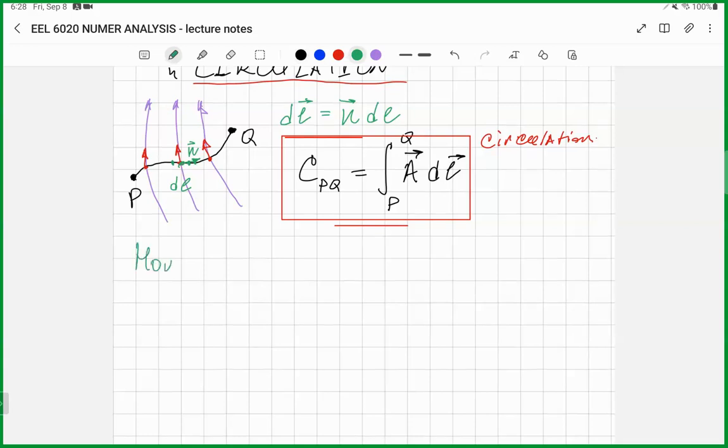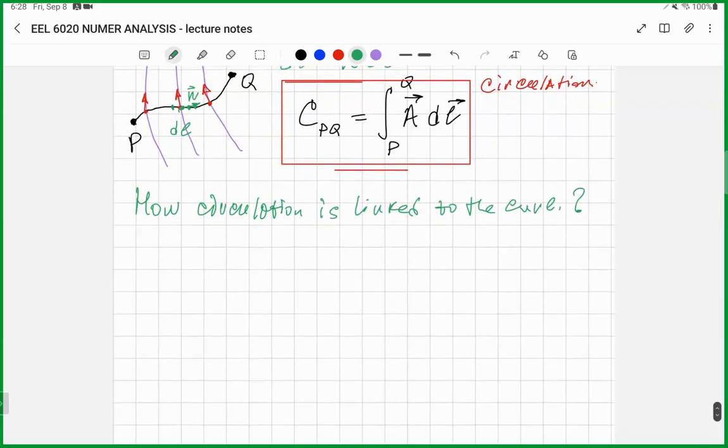How is the circulation linked to the curl? It's very easy to derive this. So again, let us consider a three-dimensional space with axes x, y, and z.